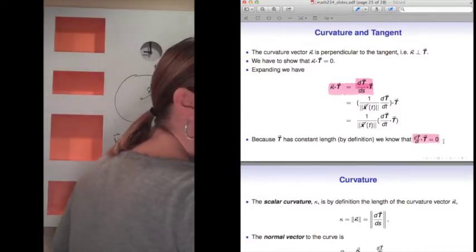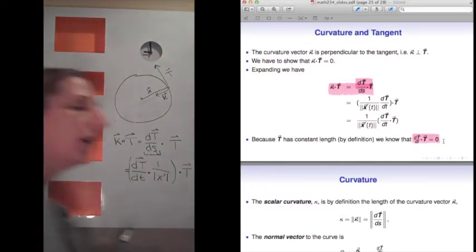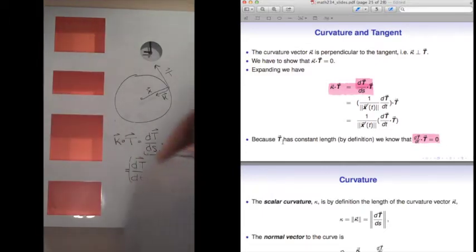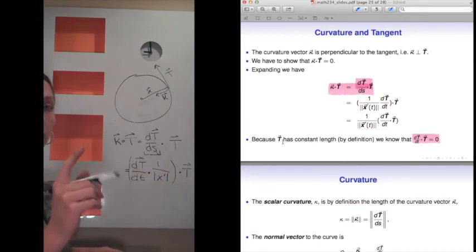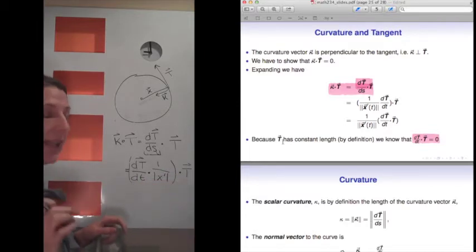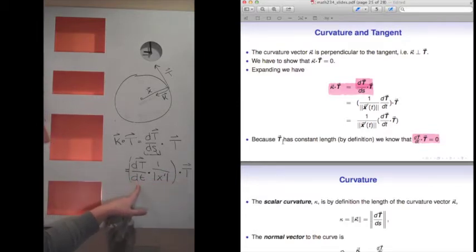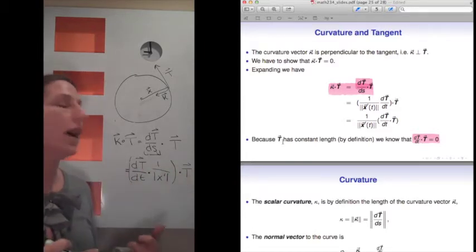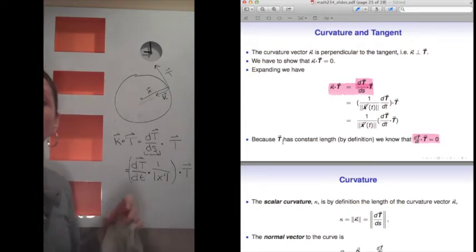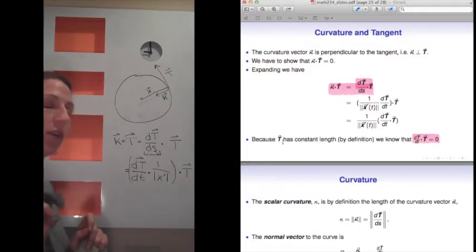Now we use this theorem. If you go back in the notes, t is a constant length. We learned something about any function with constant length, that when you take its time derivative, it should be orthogonal to the original. Before we were applying it to the position vector, but here we apply the same theorem to the unit tangent vector, a vector that has constant length of 1.